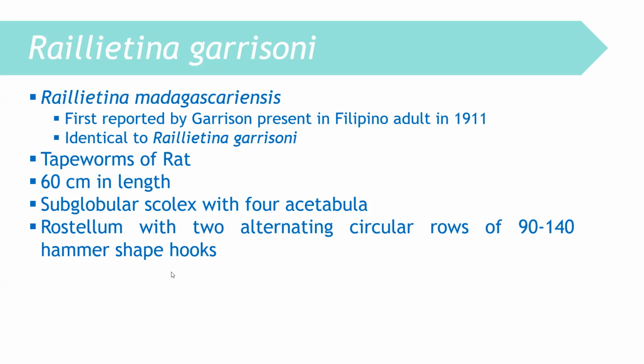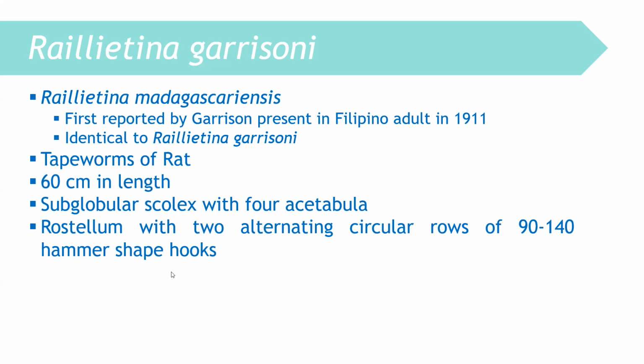Next in line is Raillietina garrisoni, which was first reported by Garrison in a Filipino adult in 1911. Raillietina madagascarensis was also identified in a Filipino adult in 1911, which is identical to Raillietina garrisoni.